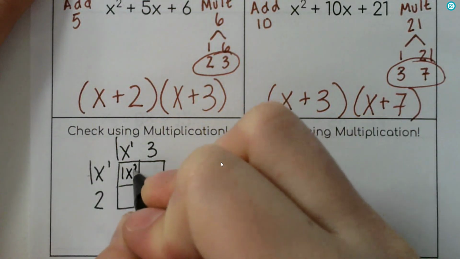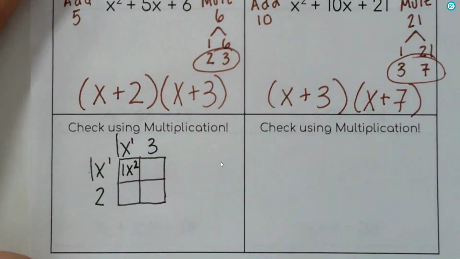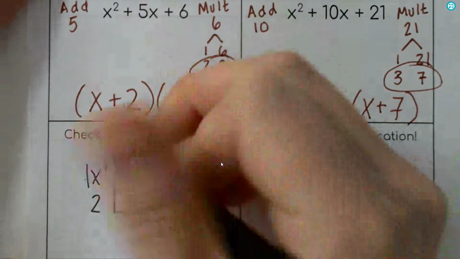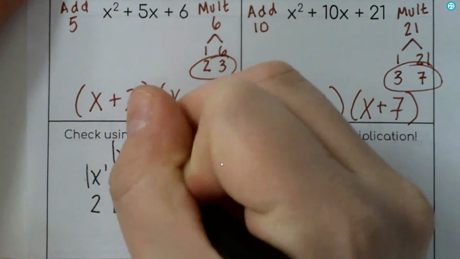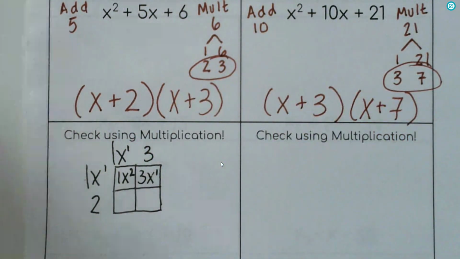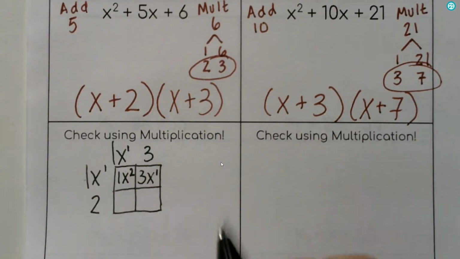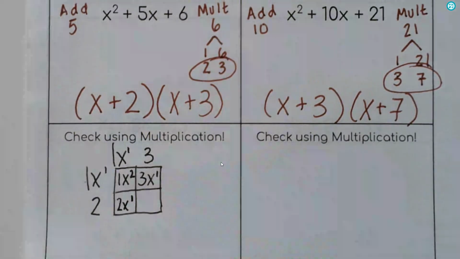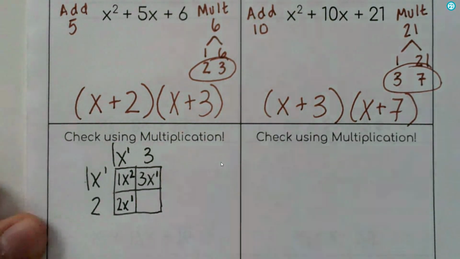So I get 1x squared. Then my top right box, 1x times 3 is 3x to the first. Two times 1x is 2x to the first. And 2 times 3 is 6.